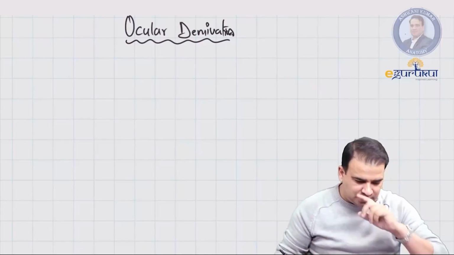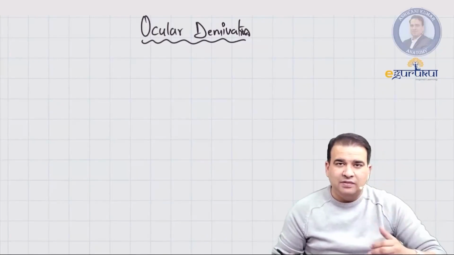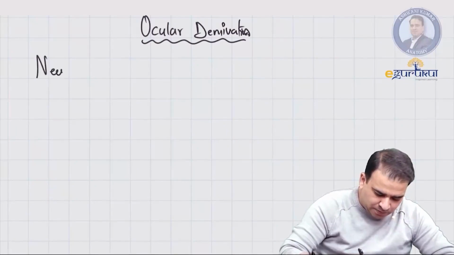That is ocular derivatives. We'll write the embryonic structures and then we'll see what ocular derivative will be derived from there. So starting from the neuroectoderm, I'll highlight the important ones for you.